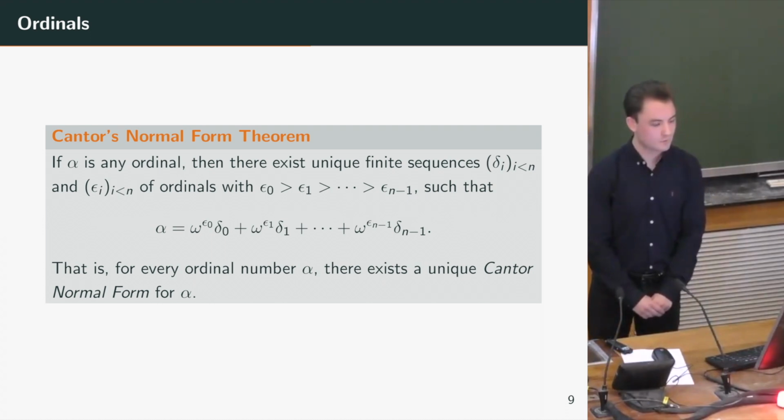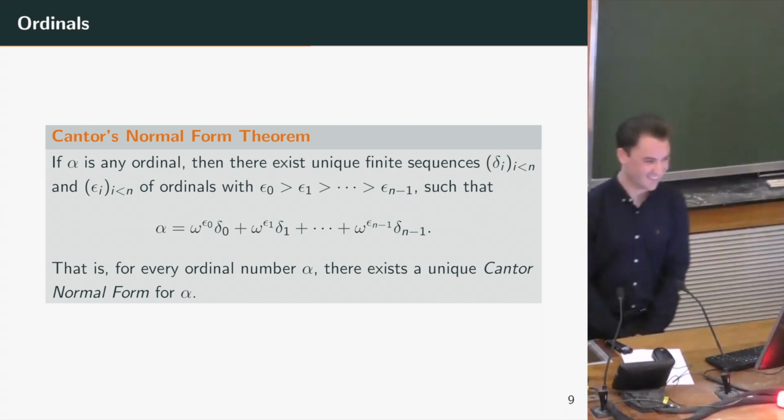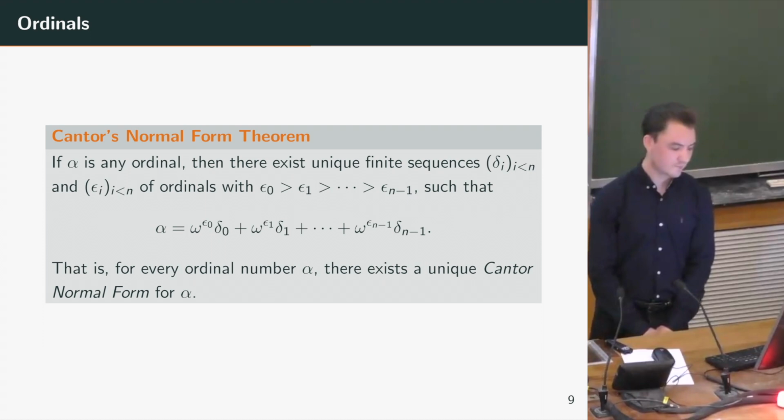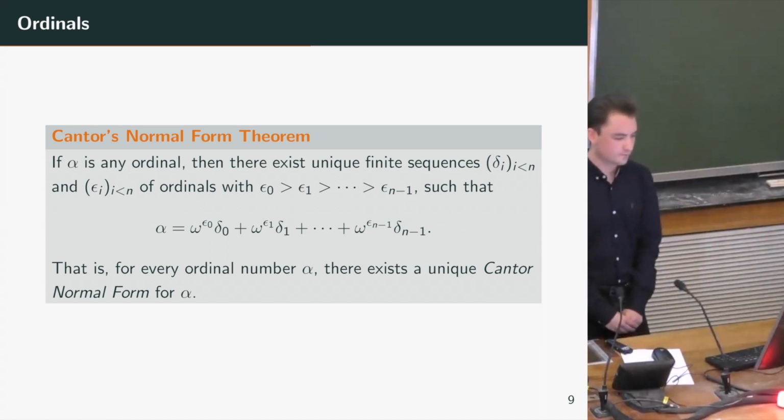Omega seems to be omega to the 1 times 1, and also omega to the 0 times omega. Sorry, could you say it again? Yeah, so you can write omega as omega to the 1 times 1, so your epsilon naught would be 1 and your delta naught would be 1. But you could also write it as omega to the 0 times omega, so your epsilon naught would be 0 and your delta naught would be omega.